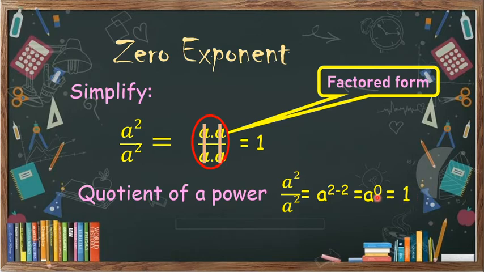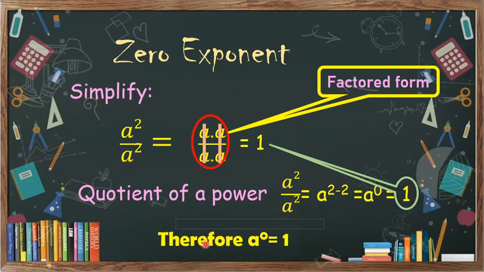Therefore, a raised to 0 is equivalent to 1, because here we get 1, and in the other solution we get a raised to 0, and this is equivalent to 1. Therefore, we can conclude that in zero exponent, any variable or coefficient raised to 0 is equivalent to 1.